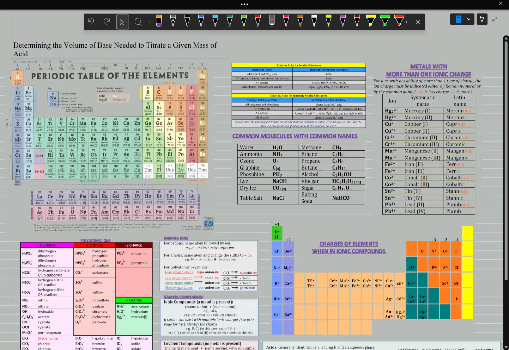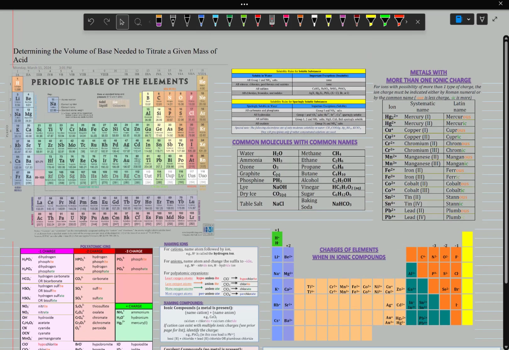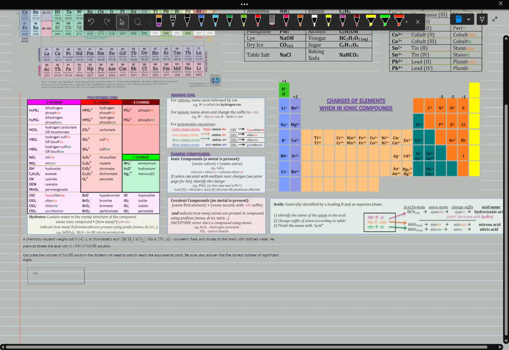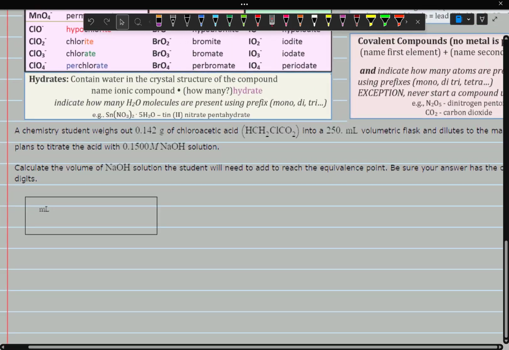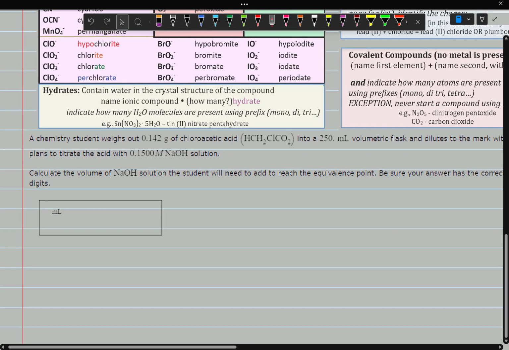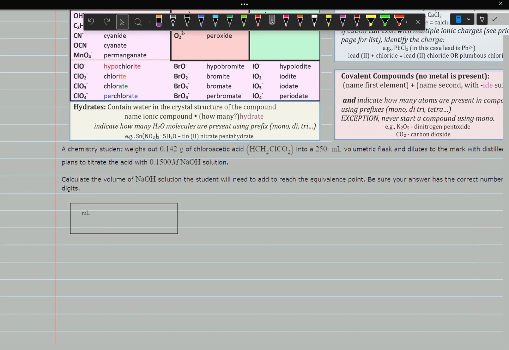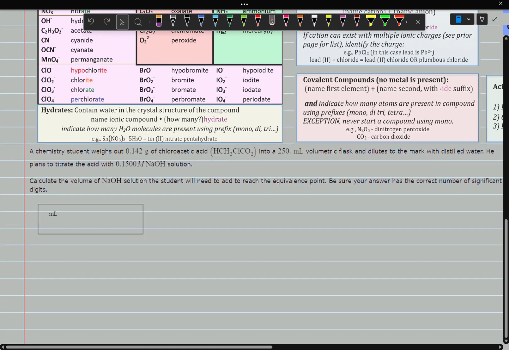In this episode we are going to be determining the volume of base needed to titrate a given mass of acid. So in this problem it says that we have a chemistry student and they weigh out 0.142 grams of chloroacetic acid into a volume of 250 milliliters and dilute it to the mark.